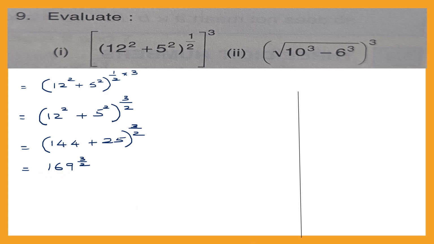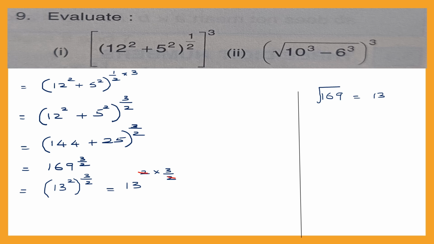We know that the square root of 169 is 13, because 13 into 13 will give us 169. So in place of 169, I'm going to write 13 square. Now this is raised to the power of 3 by 2. So again here this will be 13 raised to the power of 2 into 3 by 2, where I can cancel the 2's.